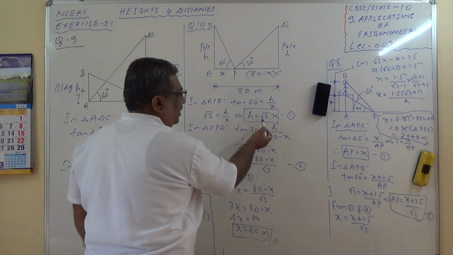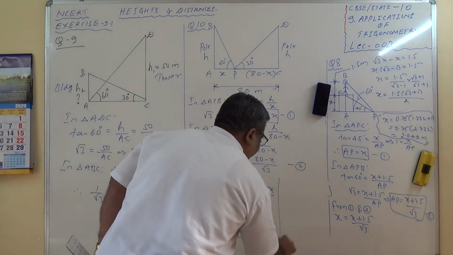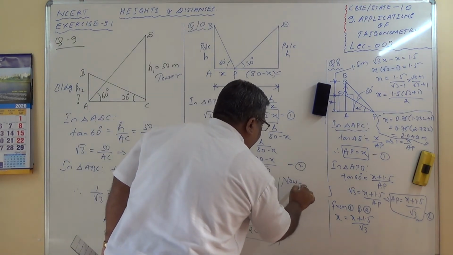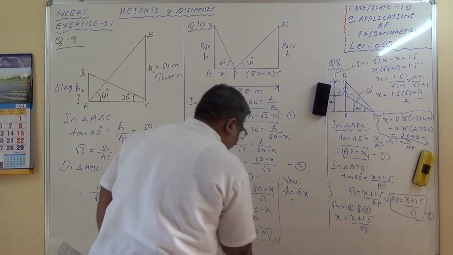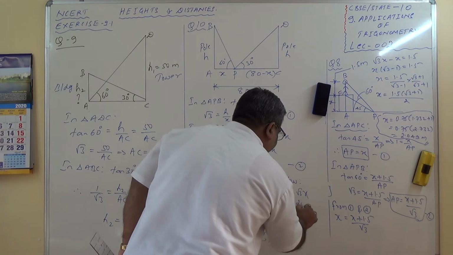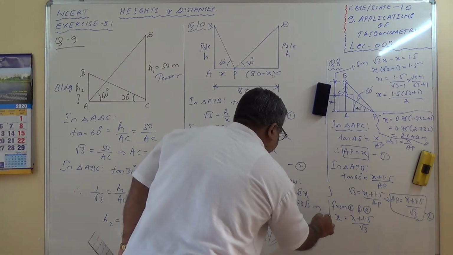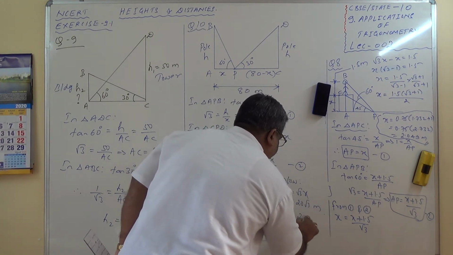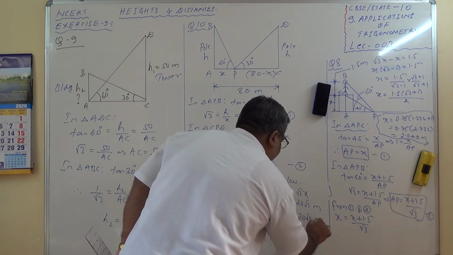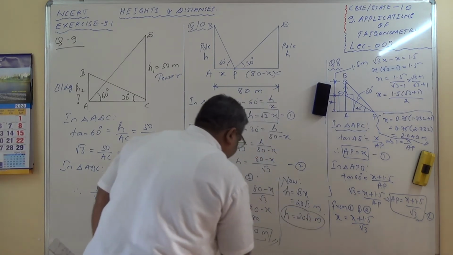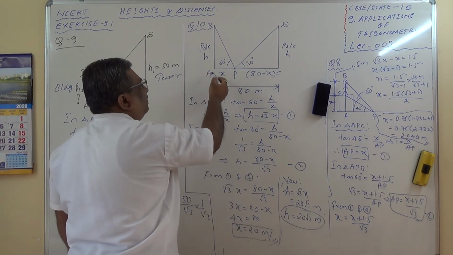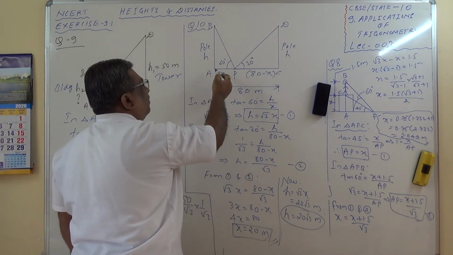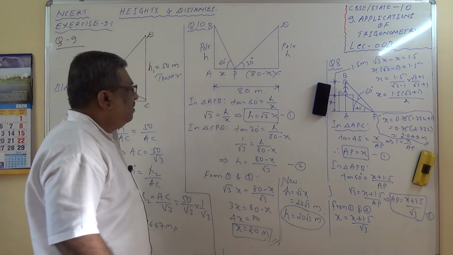H is equal to root 3x, which is 20 root 3 meter. Therefore, height equals 20 root 3 meter, which is the height of the poles, and the distance of the point P is 20 meter from the foot of the base of the pole AB. That is my answer. Make a note of this.